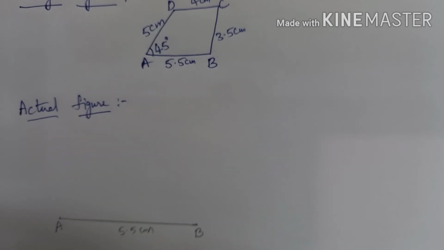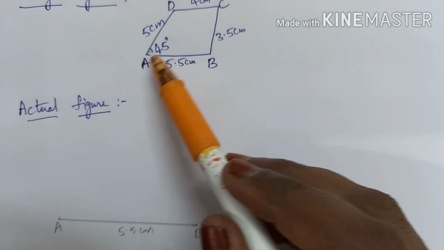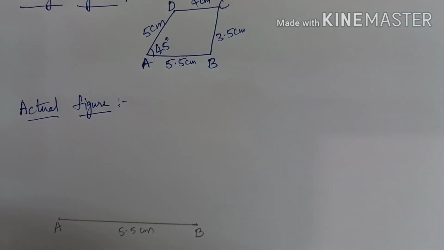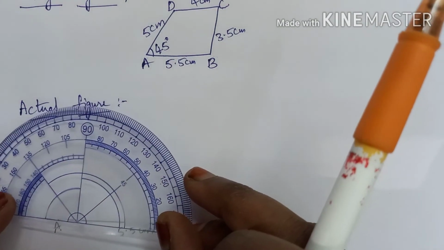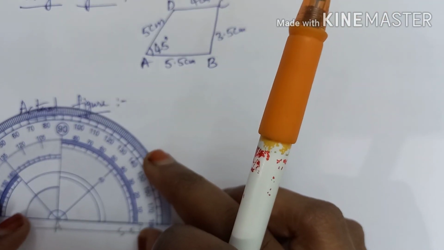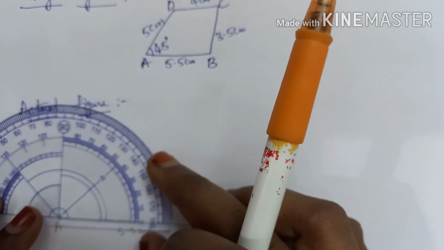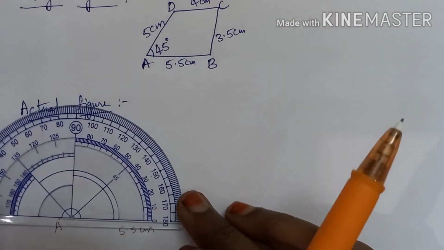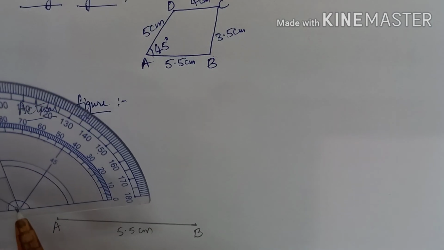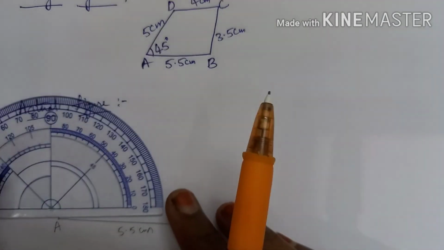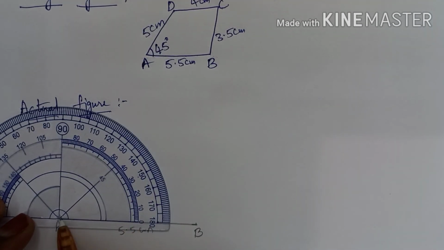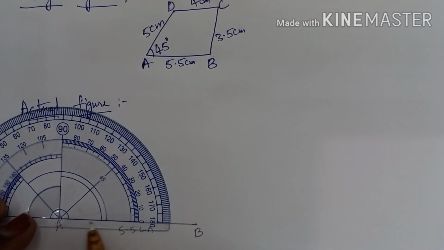Okay children, now we have to construct at A an angle of 45 degrees. So let us take the protractor. By taking the protractor, keep the middle point at A, and the base line will be on the line which we have drawn.